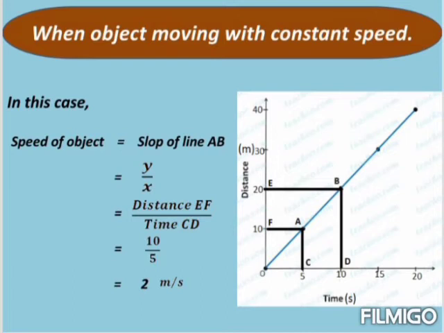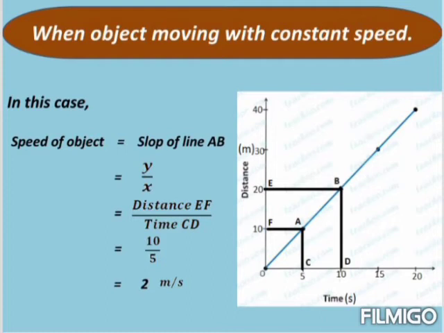You can see there are points F, A and C. A is a point on the slope. The blue line represents the slope. The point F gives the value of distance, and point C gives the value of time. At point A we can take the values of distance and time, and at point B we can also take the values of distance and time.